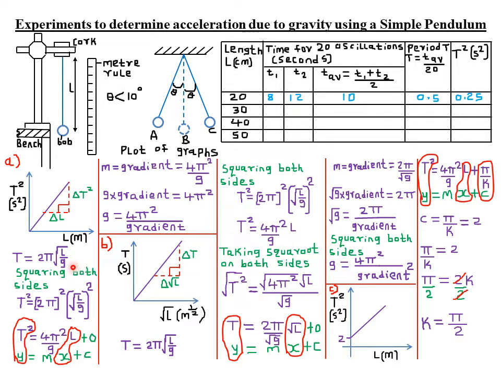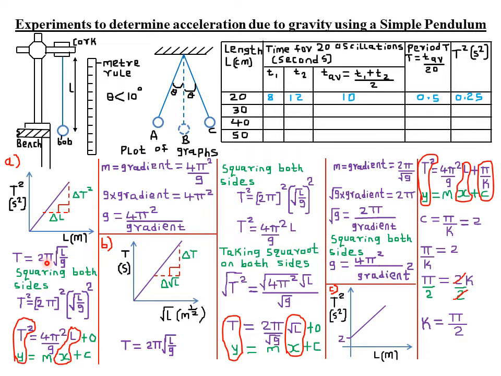But for all questions involving the pendulum, this is usually the equation that governs such a motion, which states that the period of the motion of a pendulum is equal to 2 times pi times the square root of the length of that particular string that is tying our bulb, divided by g. Of course, g is the acceleration due to gravity. So this is usually the equation that governs all motions of a simple pendulum.